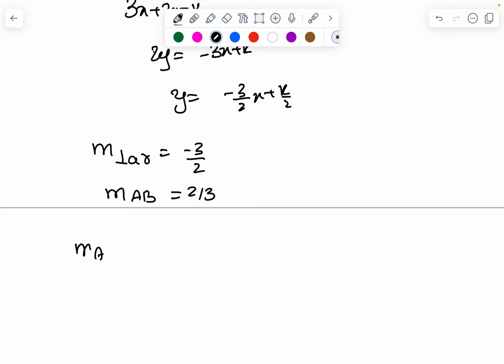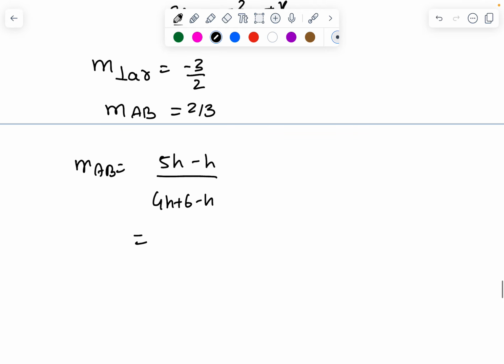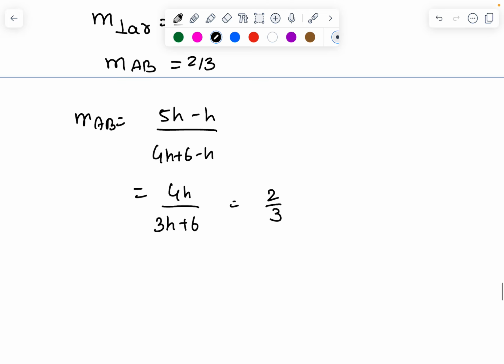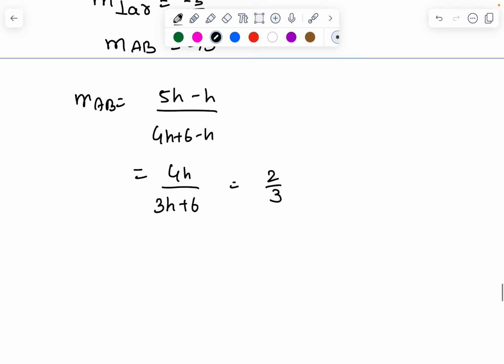The gradient of AB is 5h minus h upon 4h plus 6 minus h, which is 4h upon 3h plus 6, equal to 2 by 3. So 12h equals 6h plus 12, 6h equals 12, h equals 2.